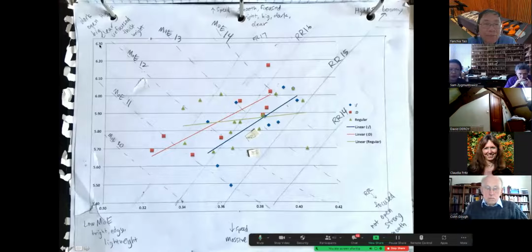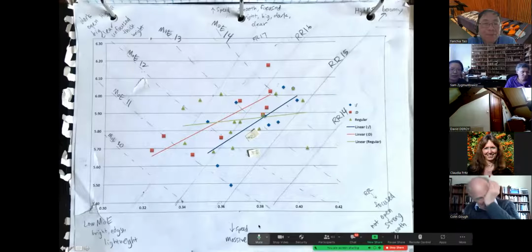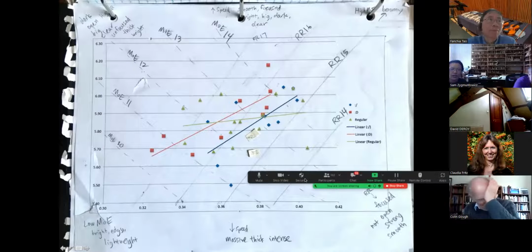If you sort from fast to slow piece of wood, then at the top you'll get these words more often: smooth, focus, bright, big, dark, clear. At the bottom you might get massive, thick, intense. You see those words pop up more with a lower speed of sound.